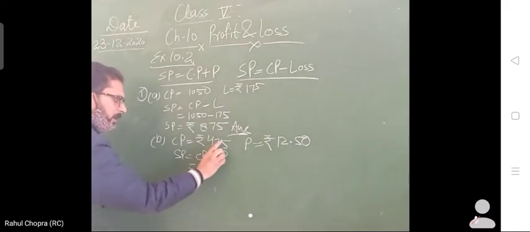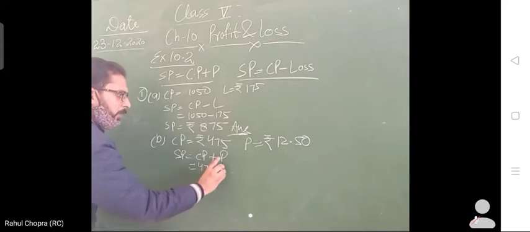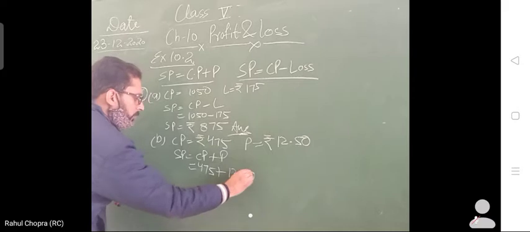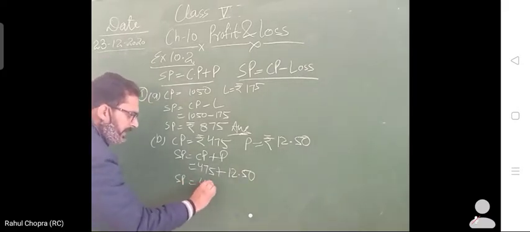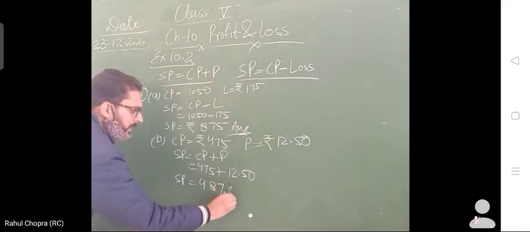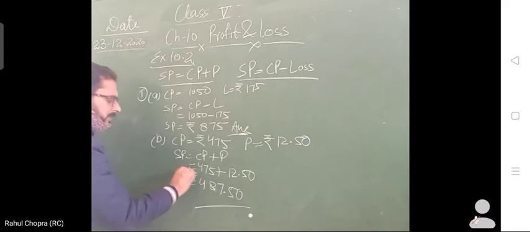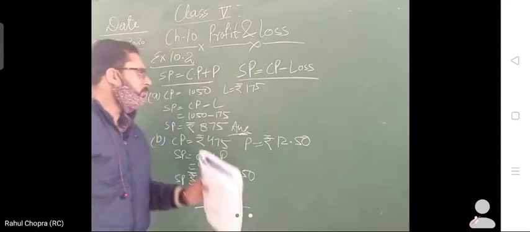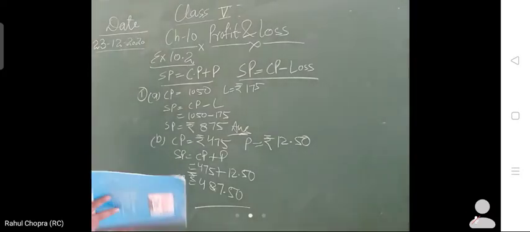In place of CP you have to write 475, and in place of profit you have to write 12.50. So SP will be 487.50 in rupees. Are you understanding? Are you getting it? These questions are very easy. In this way, you have to complete question number 1.